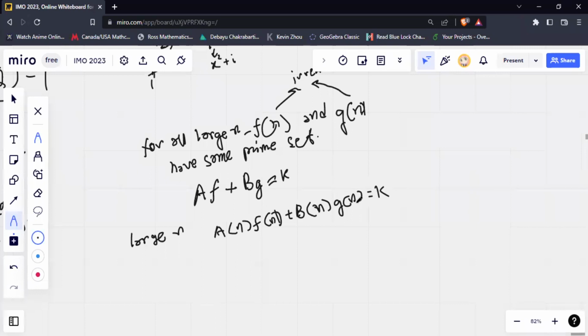But then said prime set has to be a divisor of k. Yeah, but picking large n does give you large primes, but it doesn't imply that f of n will have large primes as well, because f of n can be something like 2 to the power 99999 as it grows. Yeah, but we will try to prove that the set of primes dividing f and g are not bounded.